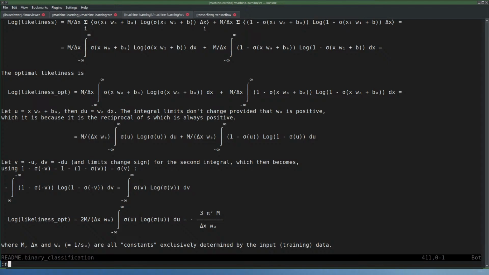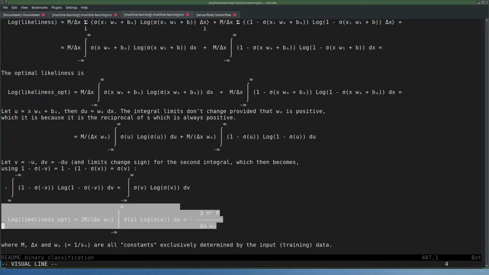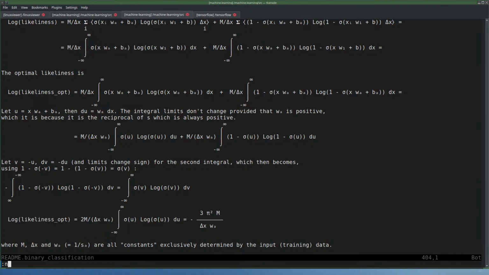Now, delta x is in fact a reciprocal of n, so yeah, dividing by m and n is logical. But let's just use this formula, and get rid of that. So we have this. I'm just gonna copy it.